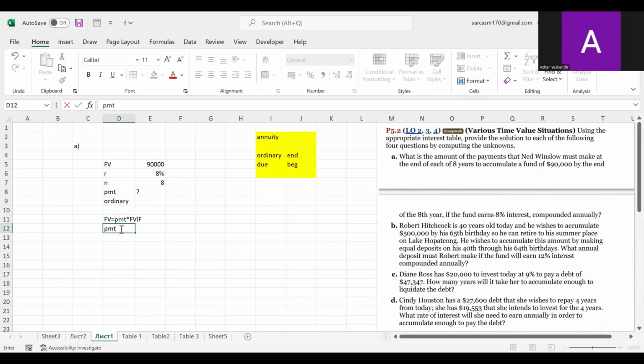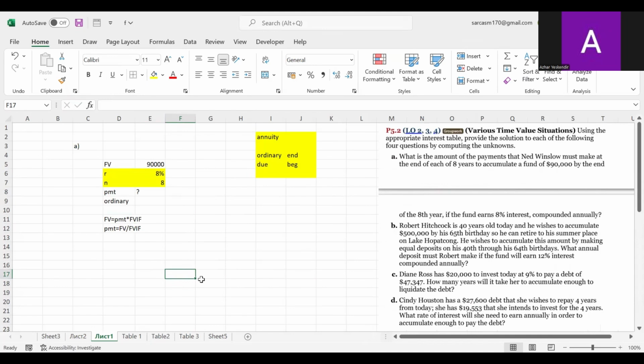Payment is going to be equal to future value divided by future value factor. Future value we already have, and future value factor we can find from these two by using again a table.